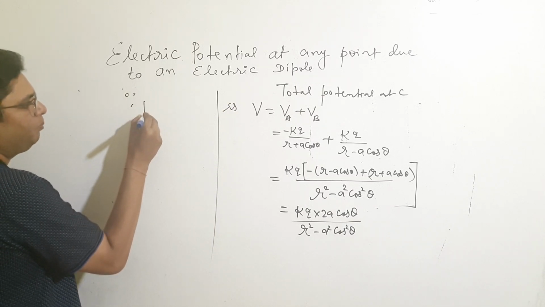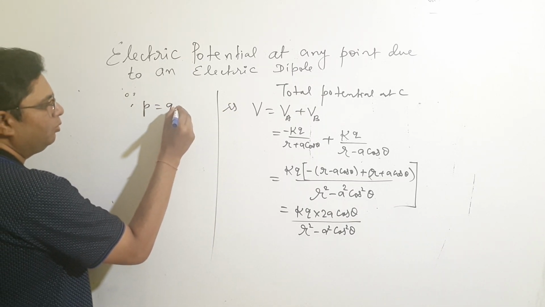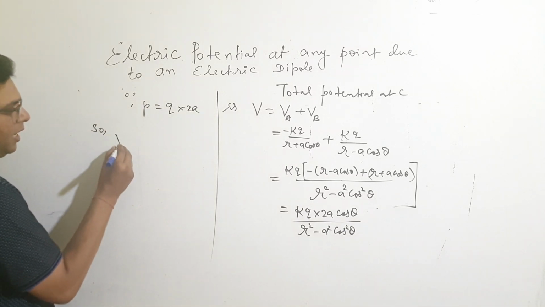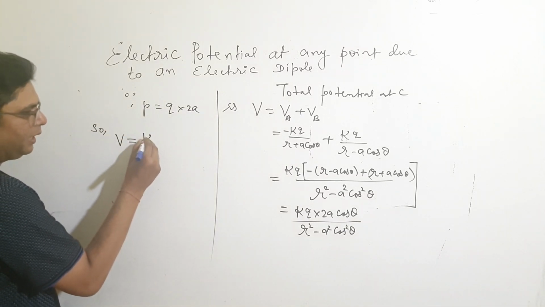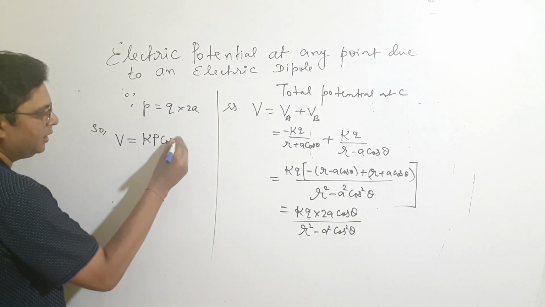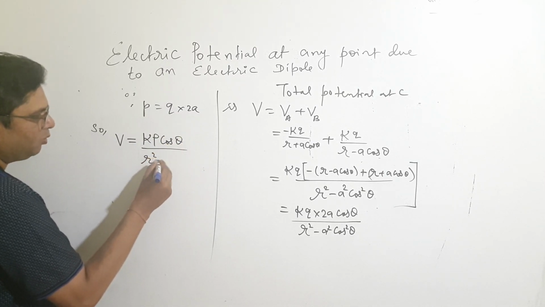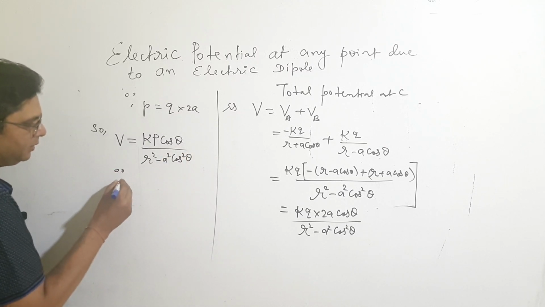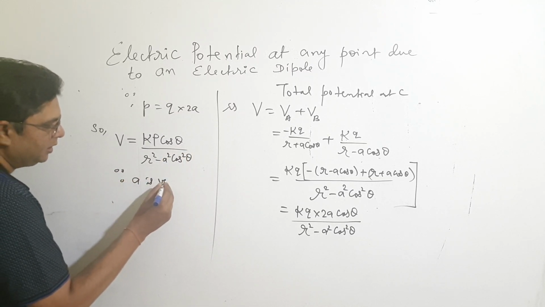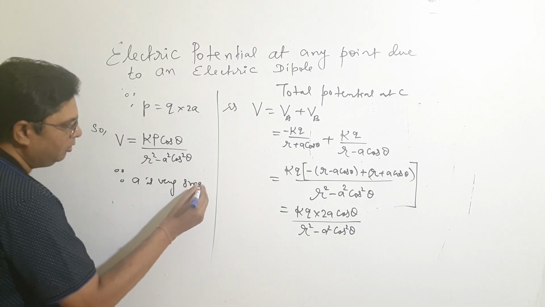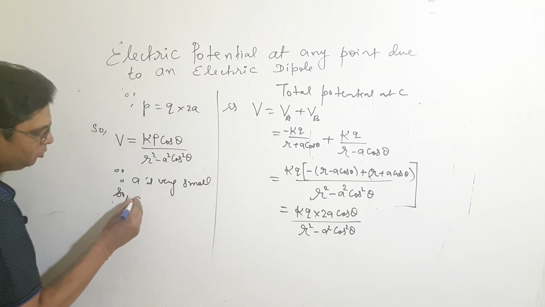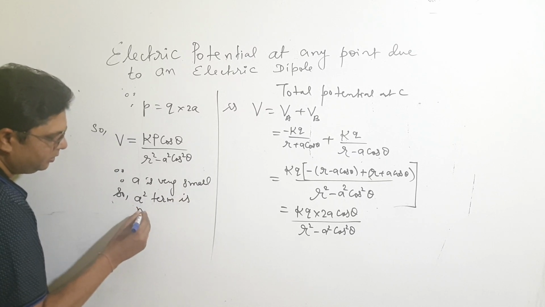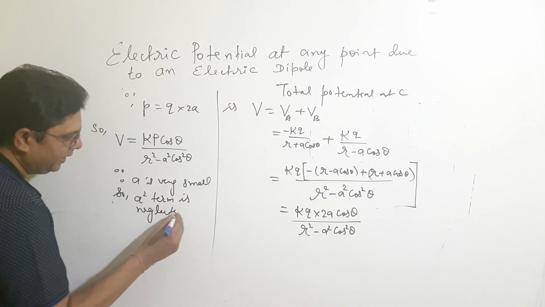We know that P equals Q into 2A. So you have V equals KP cos theta upon R square minus A square cos square theta. Since A is very small, the A square term is neglected.